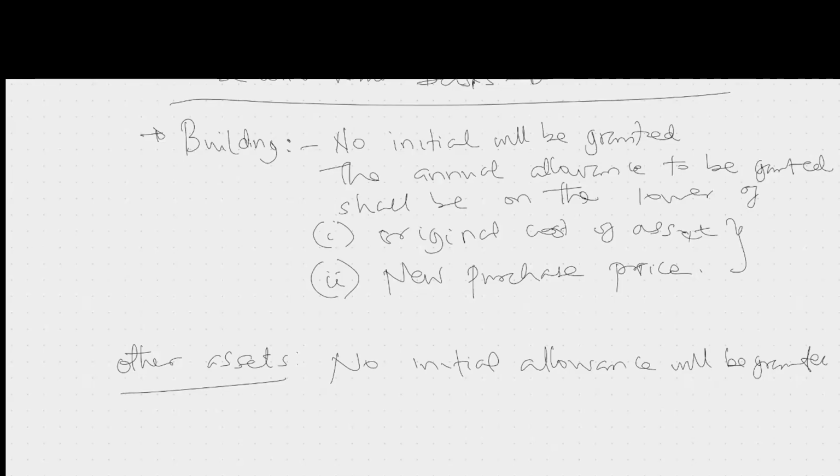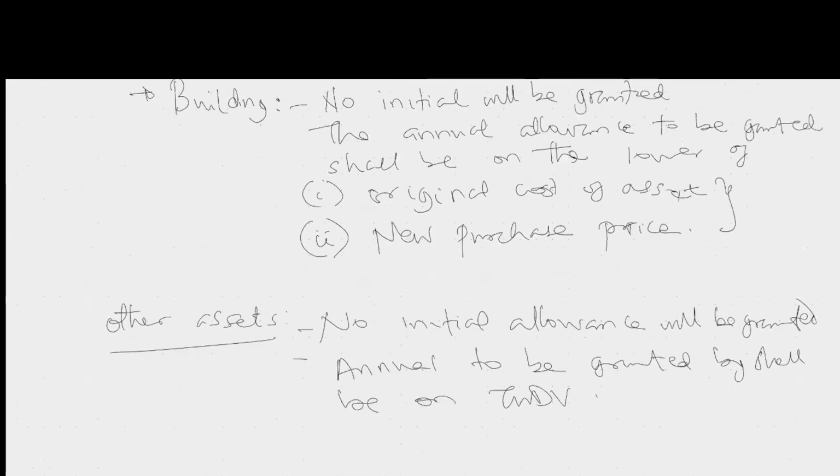Annual allowance to be granted shall be on the tax written down value or on the unexpired useful life of the assets.